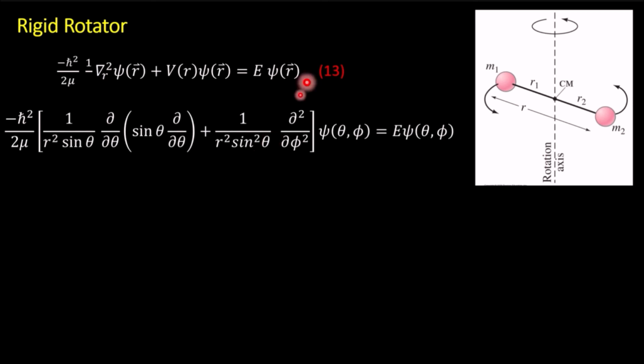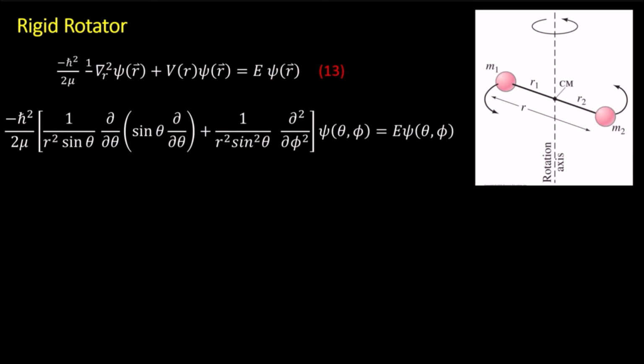That's the only difference between these two equations. And we avoided this potential energy term, considering that these are free particles and they move without any other kind of interactions. And now you can see that this is exactly the Schrodinger equation in spherical polar coordinates that we discussed in the previous class.